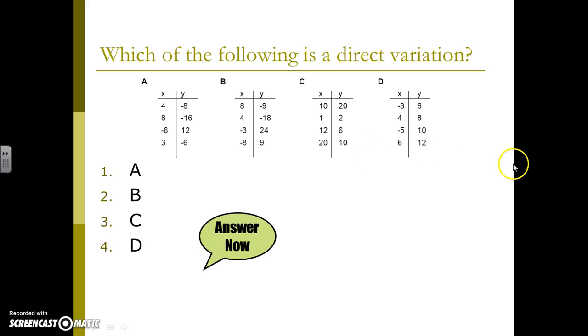So now let's look at these tables. Which of the following is a direct variation? I'll give you a few seconds to take a look at that and respond accordingly.